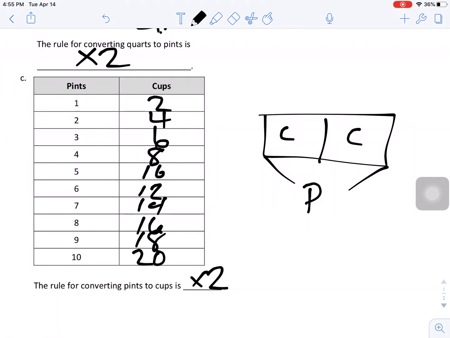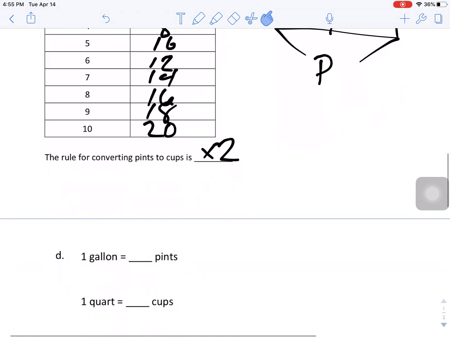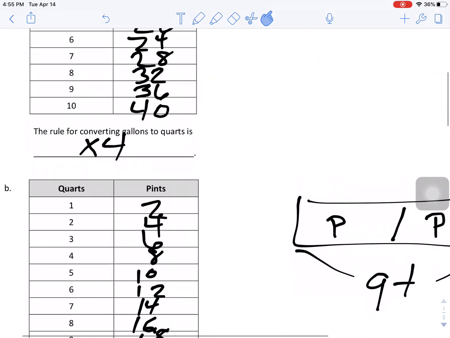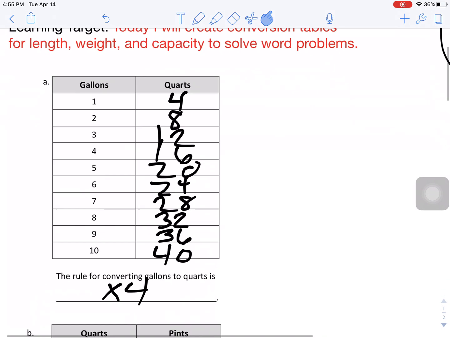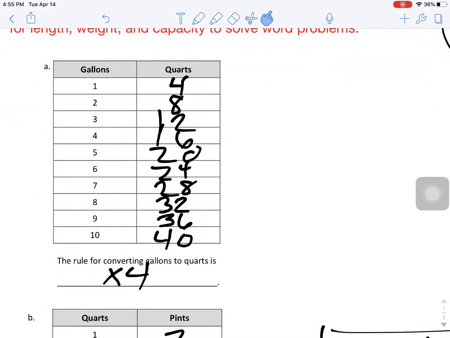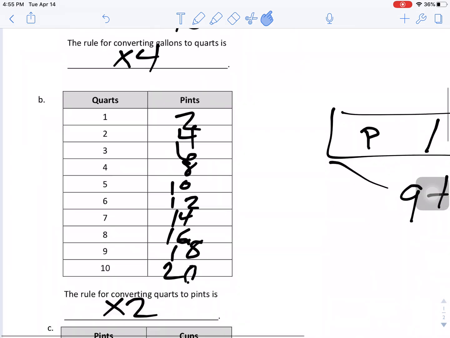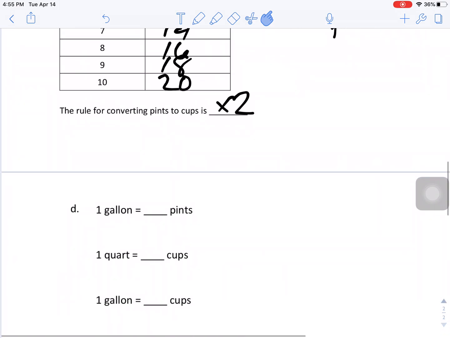So there are 20 cups in 10 pints because there's 2 cups in every pint. So you can use those and the pattern or the rule to do your own conversion charts, and they are going to help us solve word problems.